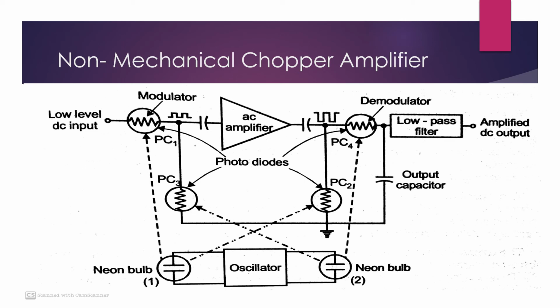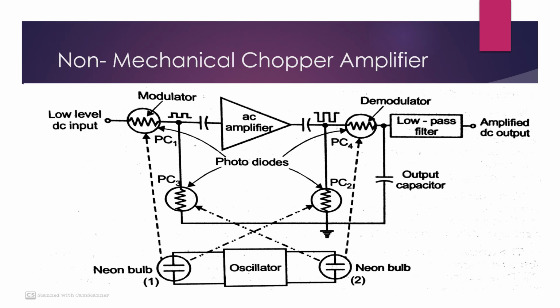The first bulb gives a flash of light on photoconductors PC1 and PC2, which are respectively connected at the input and output. The second neon bulb gives a flash of light on photoconductors PC3 and PC4. At the input, we have a low-level DC input. Whenever light falls on PC1, its resistance decreases and the input capacitor charges.